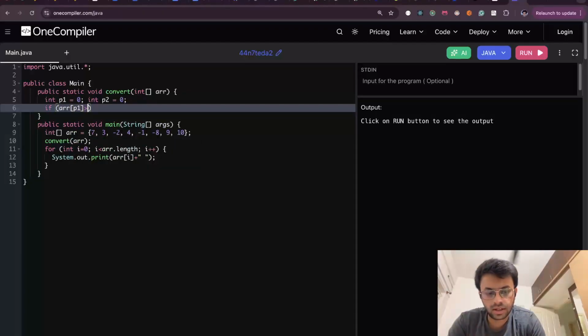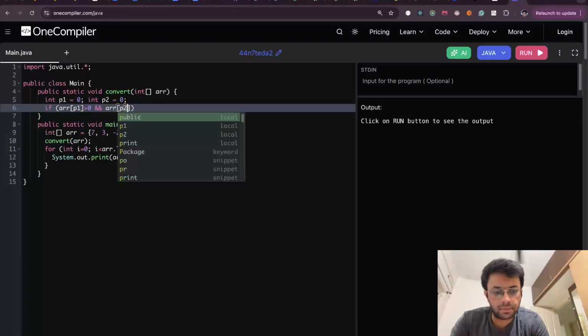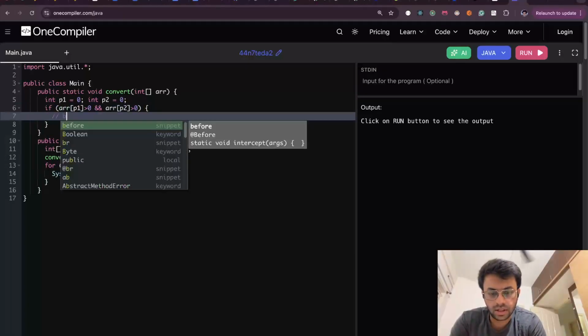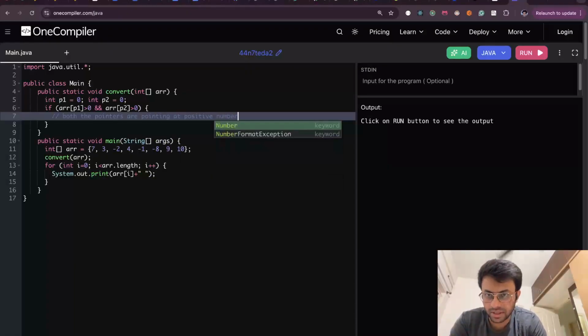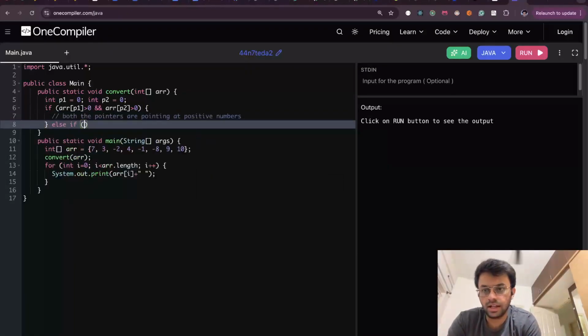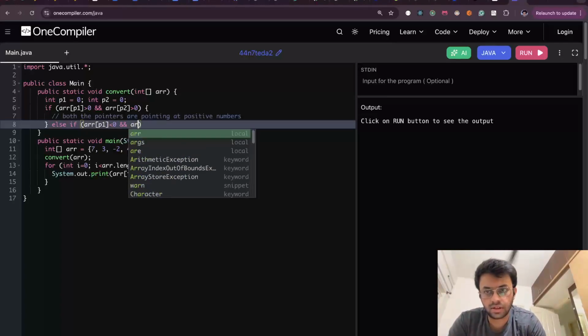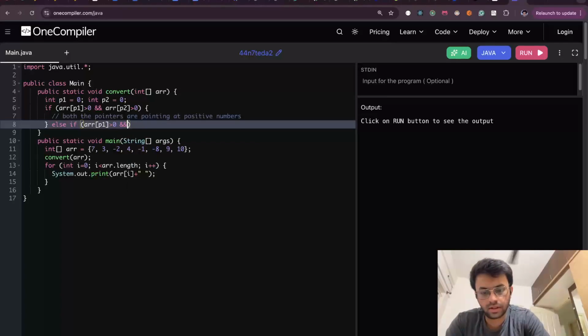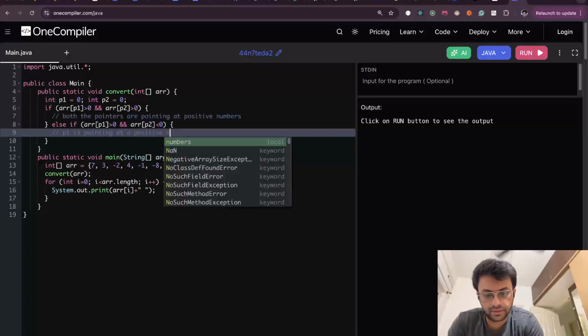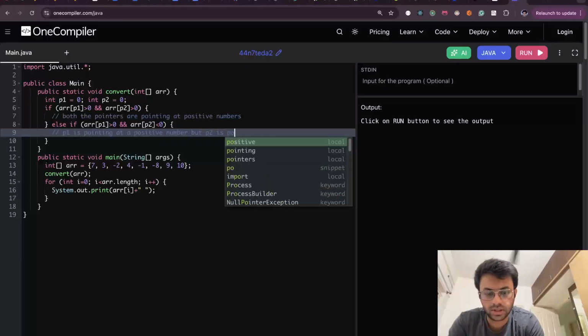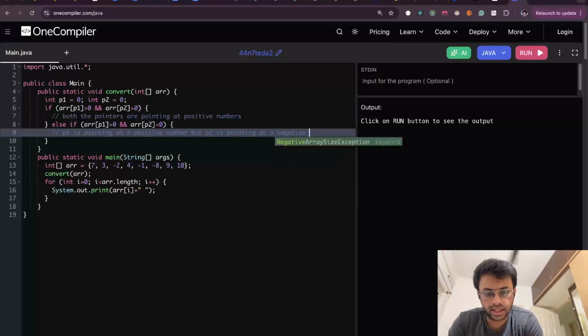First, both the pointers are pointing at positive numbers. The second condition is P1 is pointing at a positive number, but P2 is pointing at a negative number.